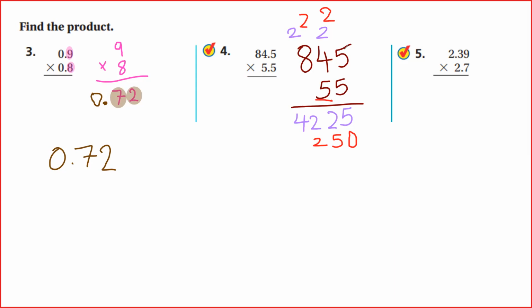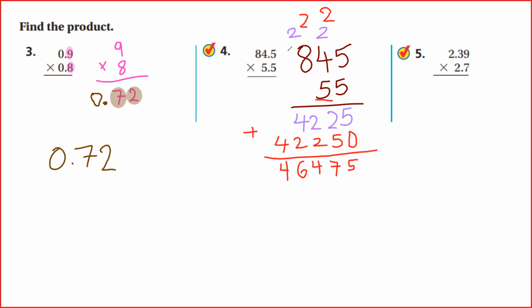Plus 2. 32. Then you have to add them together. 0 plus 5. 2 plus 5, 7. 2 plus 2 is 4. And 4.